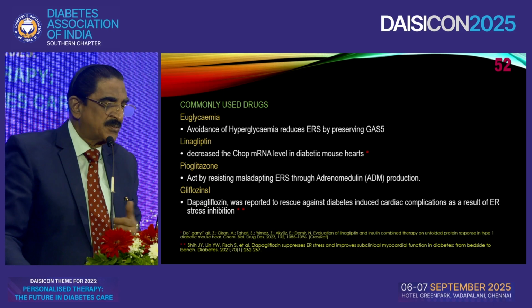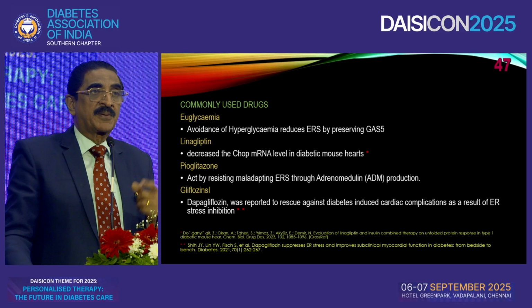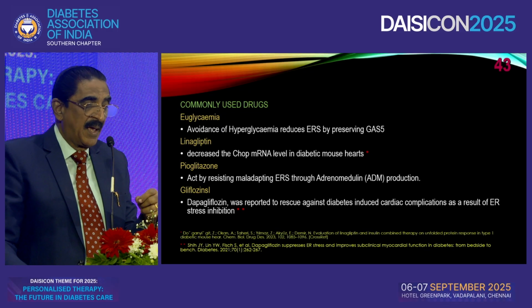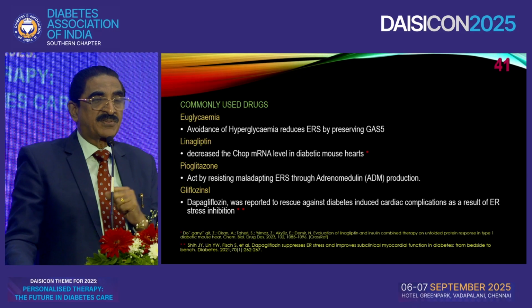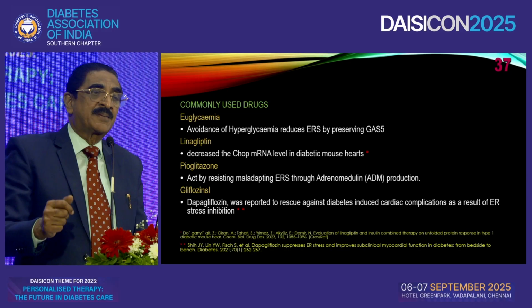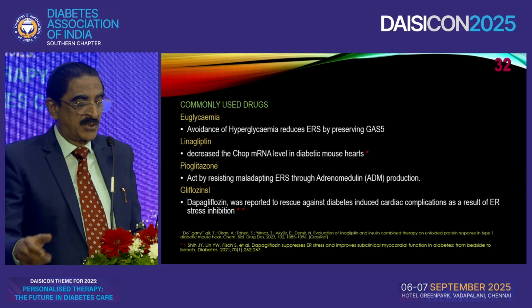And common drugs which are used to produce euglycemia are very important, because hyperglycemia is going to mediate through ROS activity as well as this particular GAS5 and produce a lot of problems. Linagliptin decreases the top chaperone mRNA level in diabetic mouse hearts.